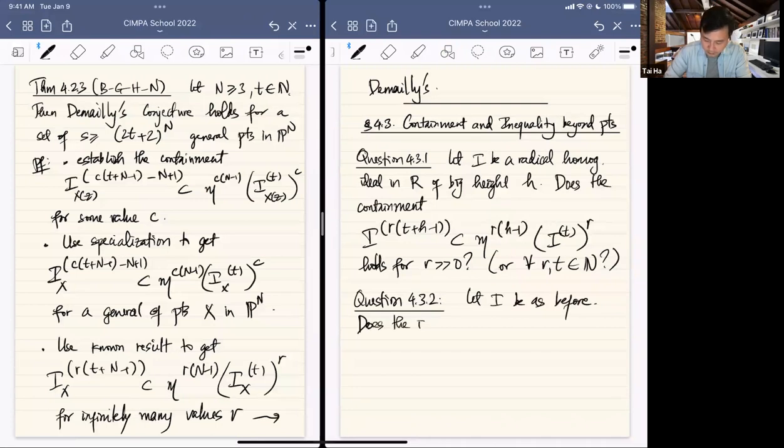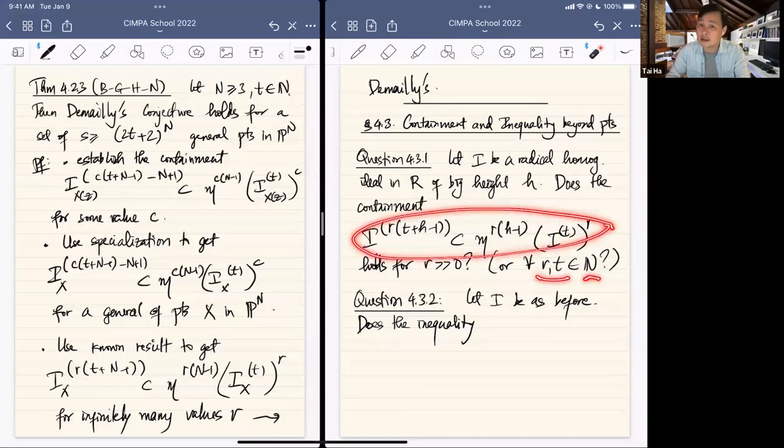Here, r and t can be any natural number, or for all possible. So I just put this question here. We don't know what should be the correct statement, right? You can ask this question: is this containment true for all r and t? There might be, it might be true, it might not be true.